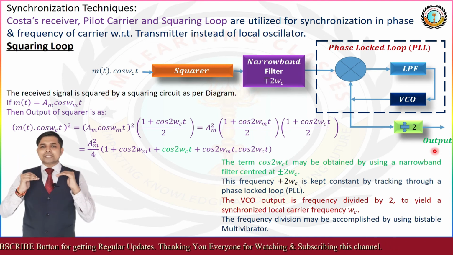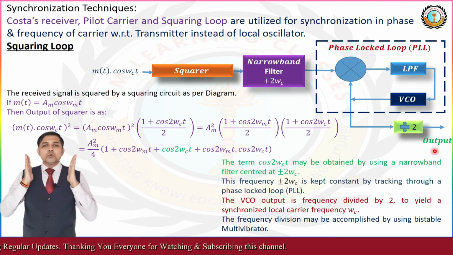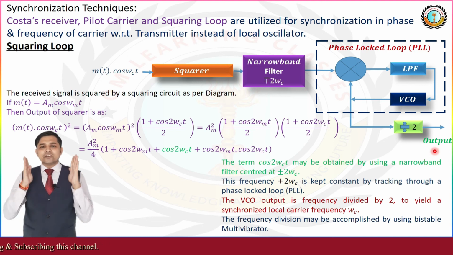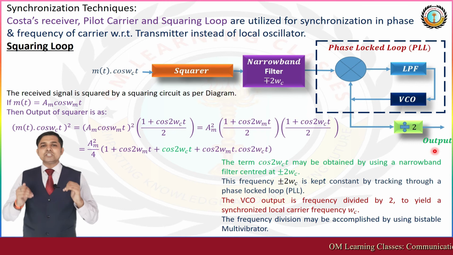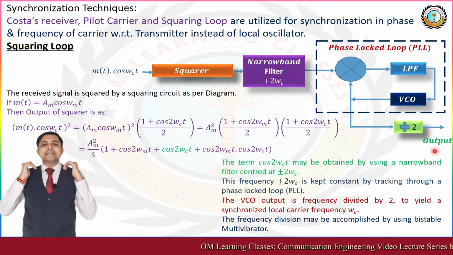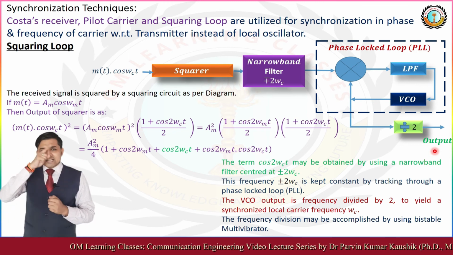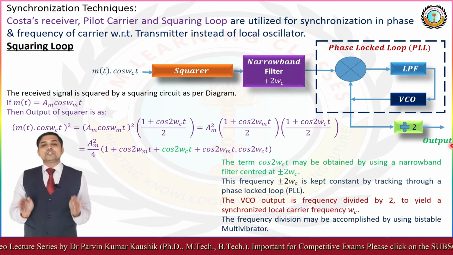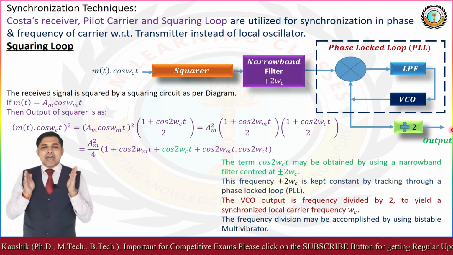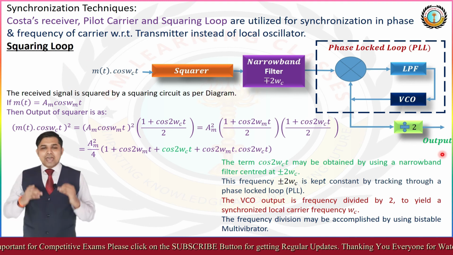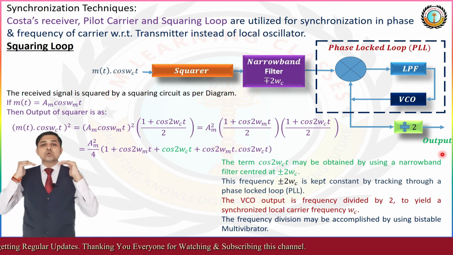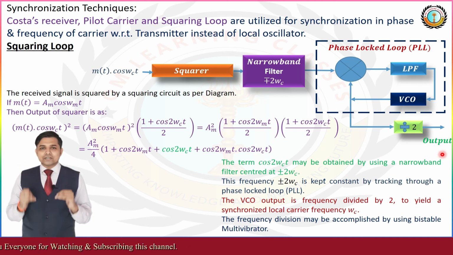By utilizing this carrier signal, which is synchronized with the transmitted carrier wave in terms of phase and frequency, coherent detection is performed at the receiver end. And this circuitry avoids the use of a local oscillator at the receiver end, which further reduces the complexity and cost of the receiver.